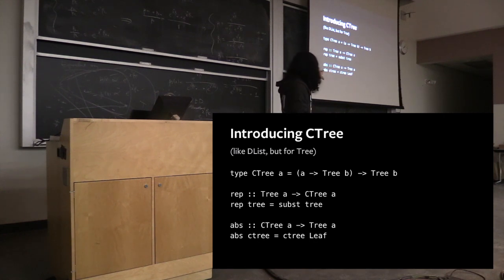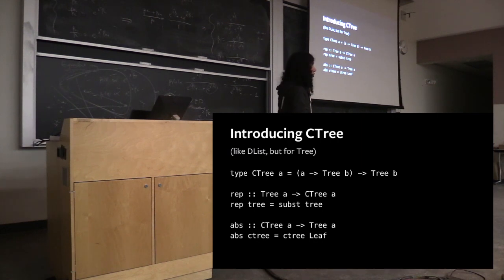As input, that function takes another function whose input is this element type A, and whose output type is a tree containing elements of type B. And the result type of this C tree function is a tree containing elements of type B. So this is genuinely a function, right? Like in C or C++, you would have to represent this as a function pointer or something. This is not actual data.